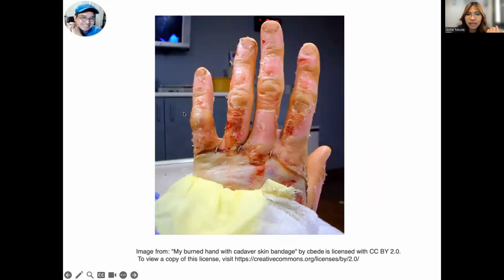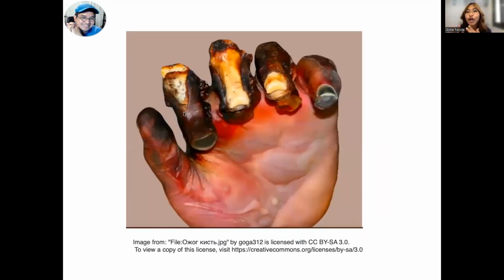For your third degree, there would be your fatty layers showing already, looking leathery, with a white layer for the skin. And lastly, for your fourth degree, there would be the burning of your muscles and your bones. You would see the muscles and the bones looking like this because there would be eschar formation already.